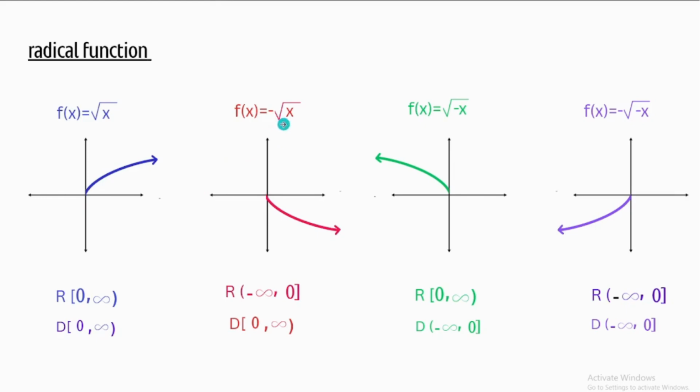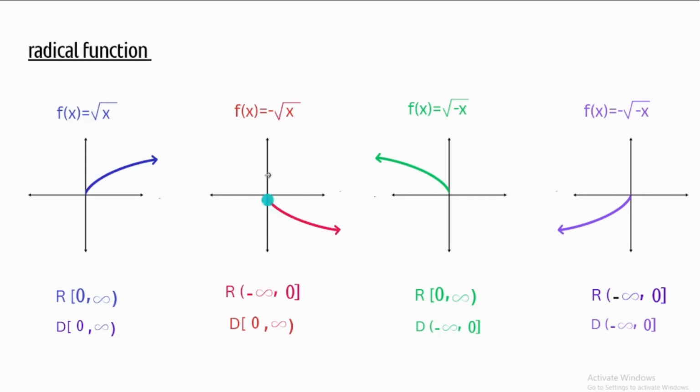For this equation, there is a negative before the root, so it is a reflection of this function. This is a reflection about the x-axis. This function starts from 0, and when we talk about the x-axis, as we talk about domain, we will start from 0 and extend to positive infinite.